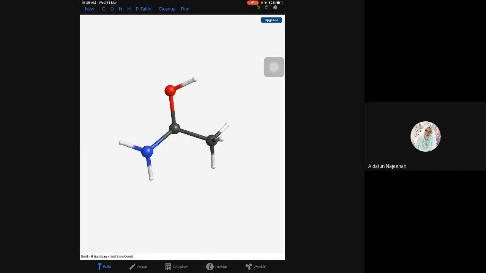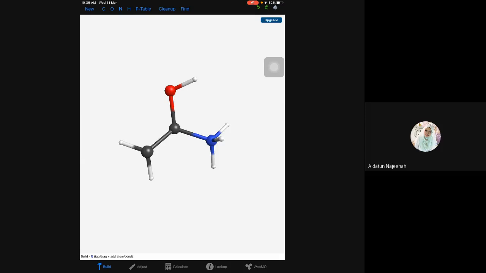But what if I change the position? I change the position. This one is now carbon. This would be your hydrogen. So the position of the carbon and nitrogen is already changed. The priority is still the same: oxygen, nitrogen, and then carbon. But now, instead of rotating anti-clockwise, it is now rotating clockwise.